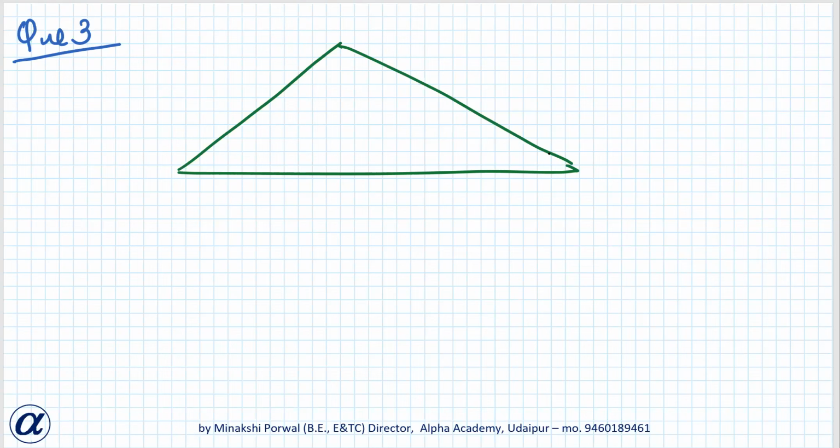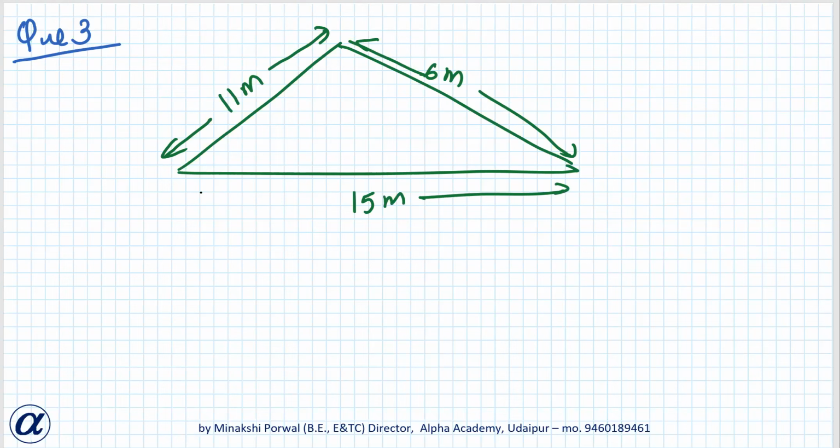So basically there is a triangle this way, and we have to find the area of triangle in short. This is 15 meter. Okay, and we have to find the area of this triangle. Direct question actually, a is 11, b is 6, c is 15.